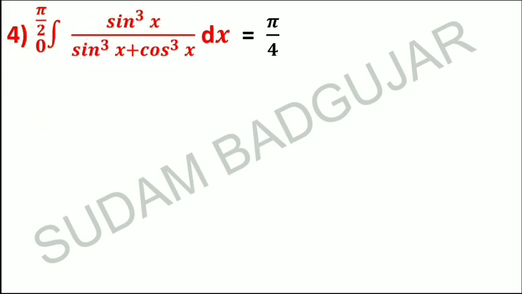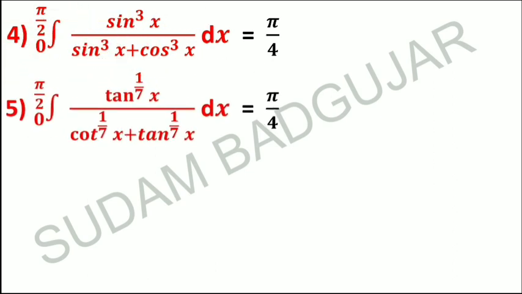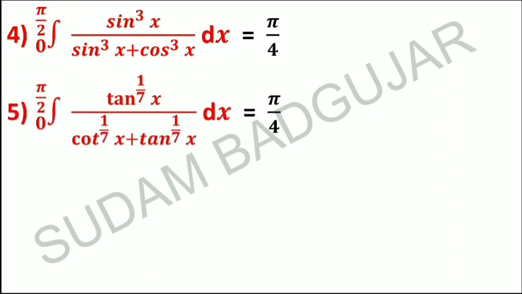Integration of sin cube x upon sin cube x plus cos cube x dx from 0 to pi by 2, it becomes pi by 4. There are so many questions here. The 7th root of tan x upon the 7th root of cot x plus the 7th root of tan x dx from 0 to pi by 2, or tan raised to 1 by 7, it becomes the same, pi by 4.